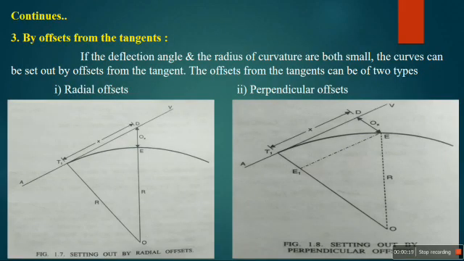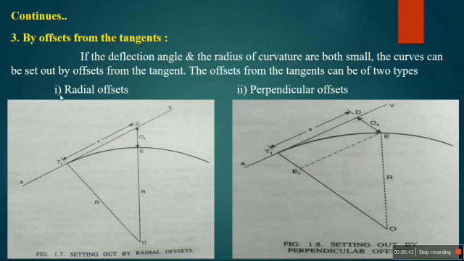Third method, offsets from the tangent. It means whatever offsets are there, these are taken from this tangent. This method is only used when the deflection angle and the radius of curvature are both small.